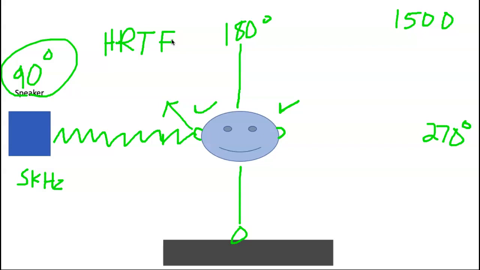Okay, so for 5,000 hertz, you get a lot of diffracted information, which creates what we call the head shadow on this side. Sorry, it's hard to draw with this keypad or touchpad, but the head shadow, I know everybody knows how to spell it.